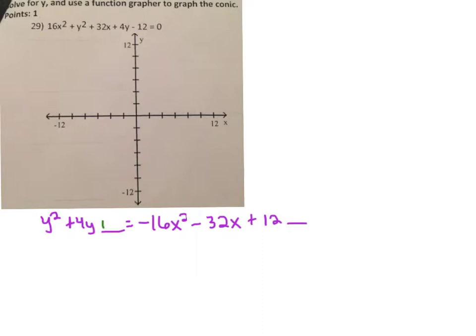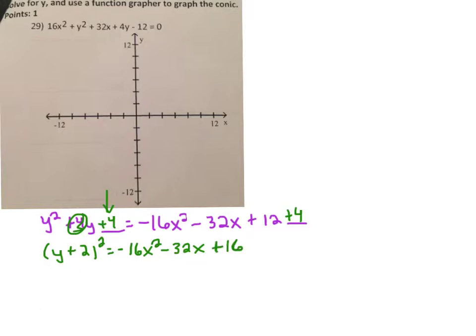So I would divide this 4 by 2 and then square it. That's how I get this number. I add it to both sides, and then I factor this side. This will be y plus 2 squared equals -16x squared minus 32x. 12 plus 4 is 16.